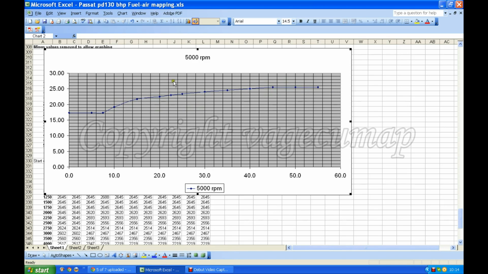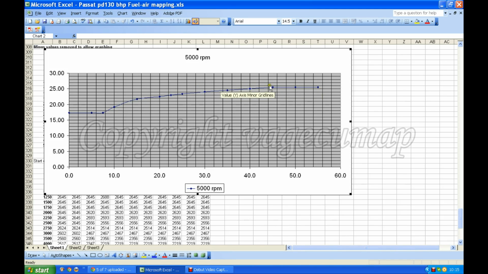So in other words, if this has gone from somewhere around 17, let's say, and ended up at around 25, maybe 2 degrees of that total increase is real old-fashioned timing advance put in by the ECU, and the rest is not real advance, it's just advance due to the fact that you need injection to start a little bit earlier because duration has got longer. Okay, now that's that point.